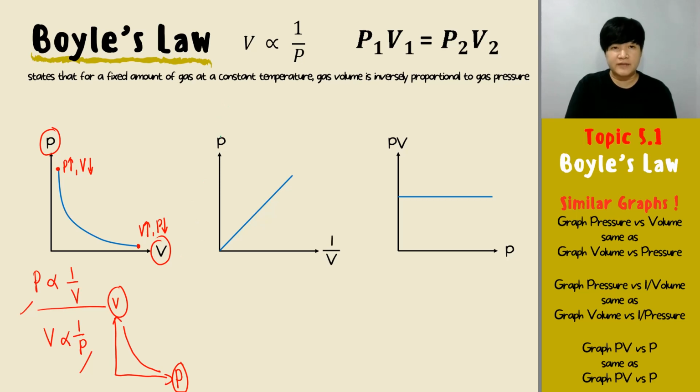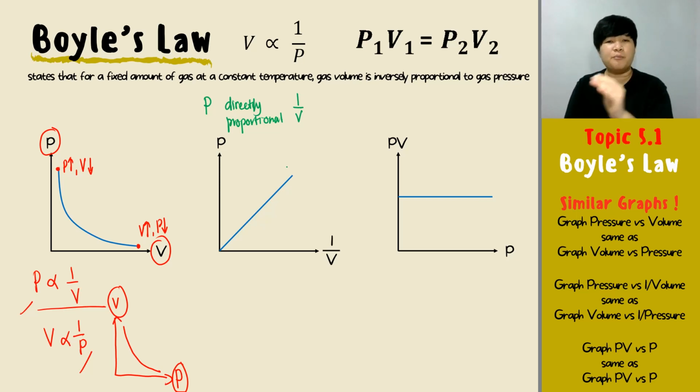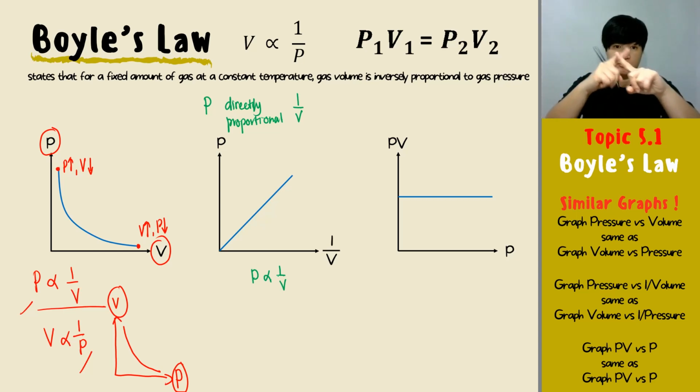The second graph that you have over here is your pressure directly proportional to 1 over V. When I say pressure directly proportional to 1 over V, that is also represented by this. Can you see that? They are actually the same. Agree? And when you multiply and cross them, you will have your PV equals to K.